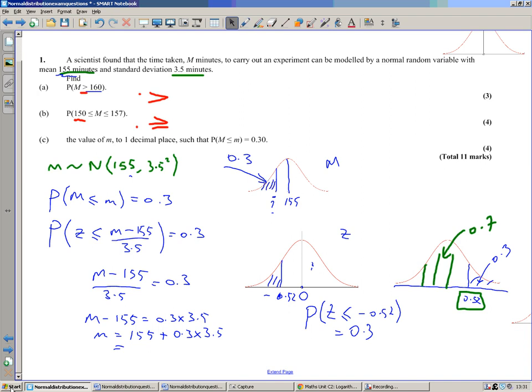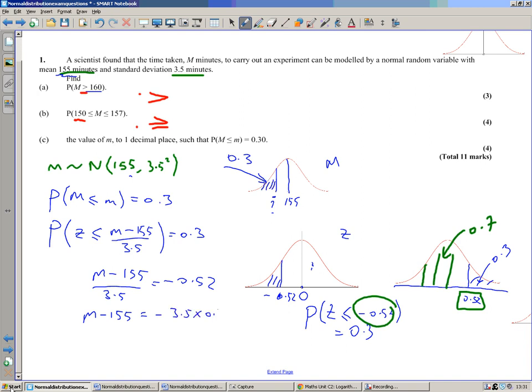Oh, that's right. Deliberate error. That here is equal to minus 0.52. Thank you. So that equals m minus 155 equals minus 3.5 times 0.52.